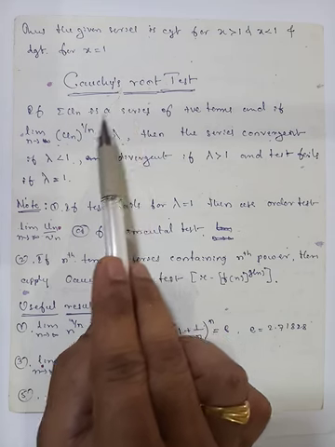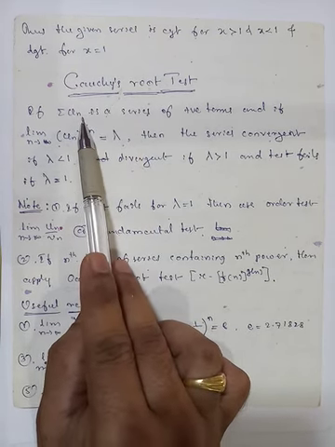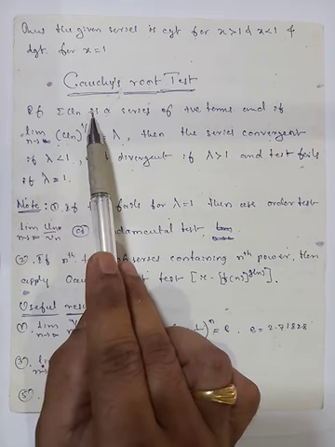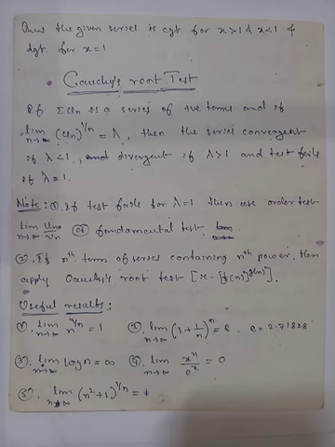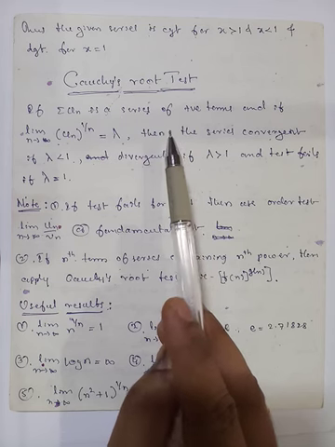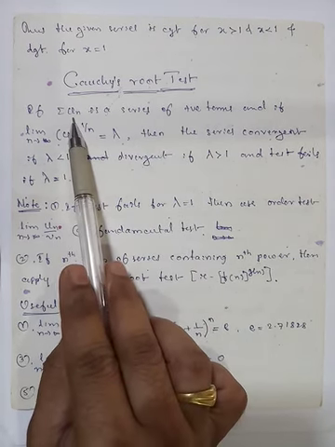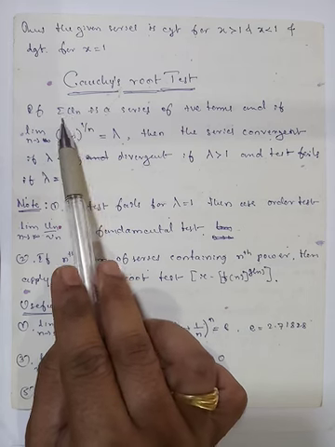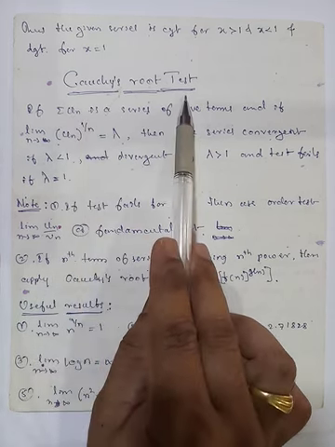So about the infinite series, the definition and some basic properties we already discussed in the previous video. Now we are going to find the nature of the given infinite series that we denoted by summation un using Cauchy's root test.